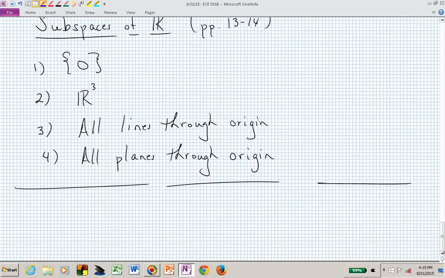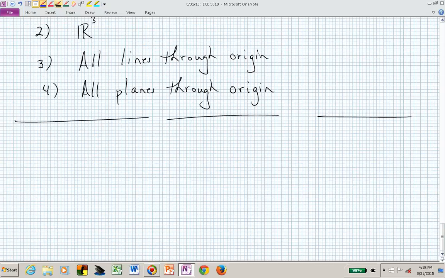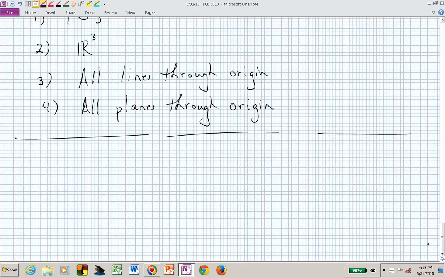Let's now slow down a little bit and start talking about combining subspaces. And first, let's make it clear that this concept of unions and summations are different.